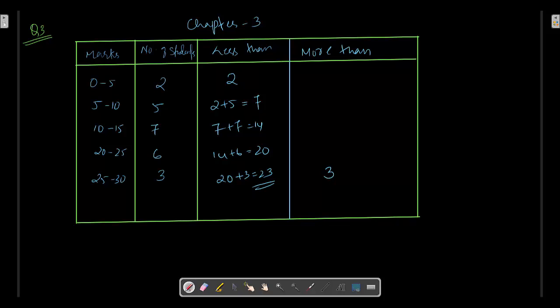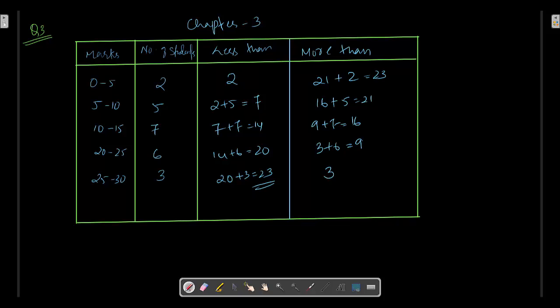So we add up from here. 3 plus 6 is 9. 9 plus 7 is 16. 16 plus 5 is 21. And 21 plus 2 is 23.